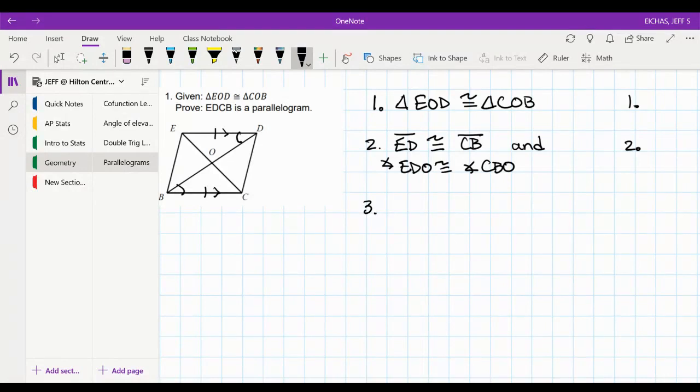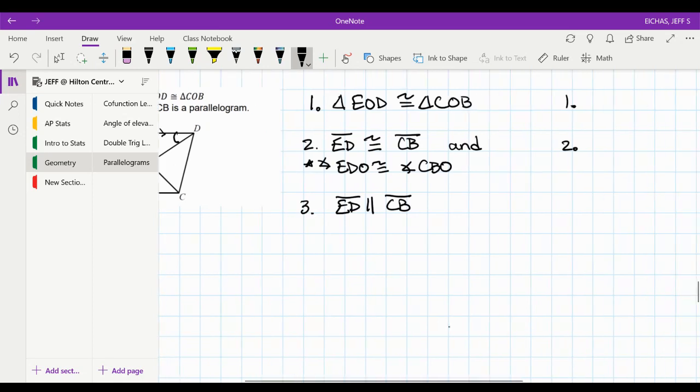Third step, because of this right here, these angles being congruent, what I now can say is ED is parallel to CB. Now, that is the converse of the parallel lines alternate interior angles theorem.